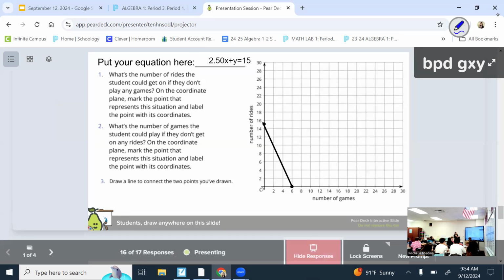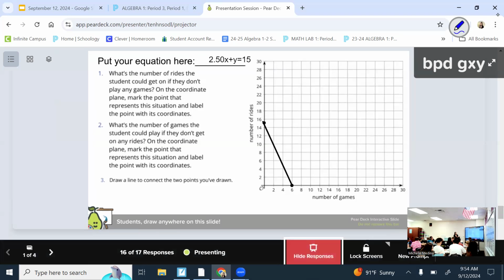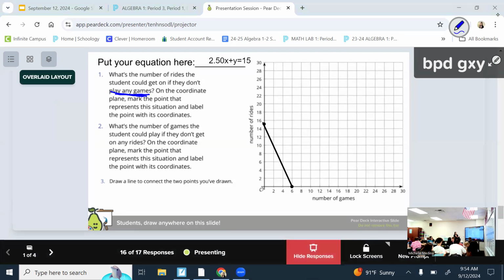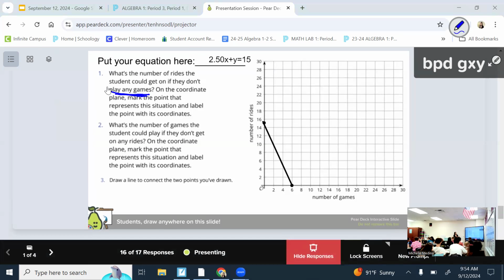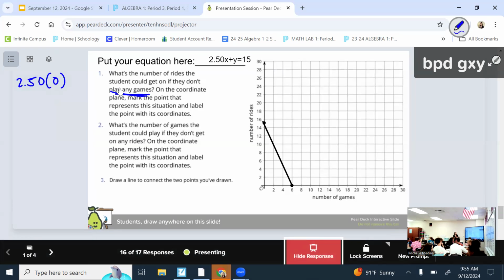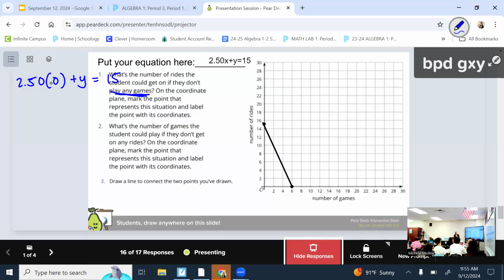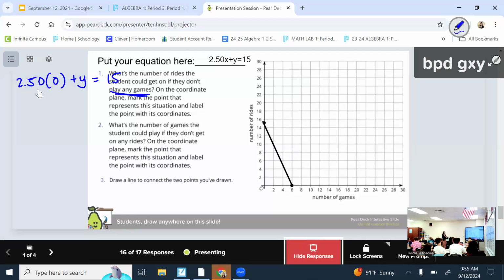Now for this one, same concept. If they don't play any games, what needs to be 0? The x needs to be 0 because that's what the games is, right? It's on the x-axis. So I'm plugging in a 0 for the x and I'm solving for y. What's 250 times 0?